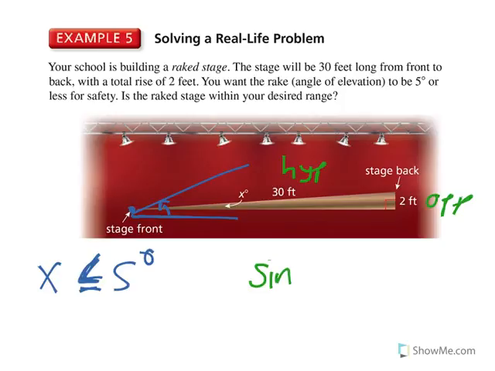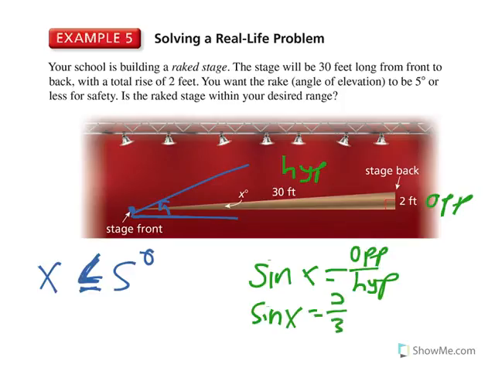So the sine of x is equal to opposite over hypotenuse, in this case 2 over 30. I can reduce that, so sine of x is equal to 1 over 15.